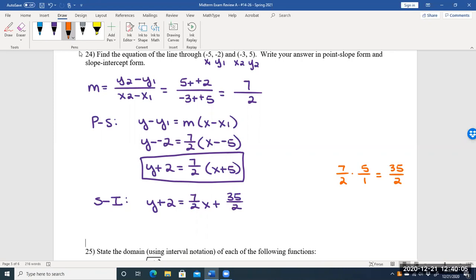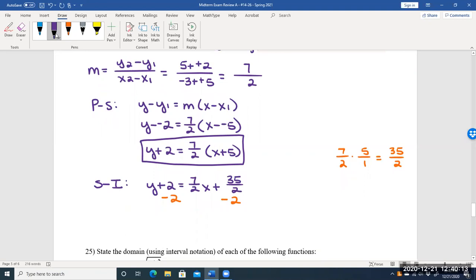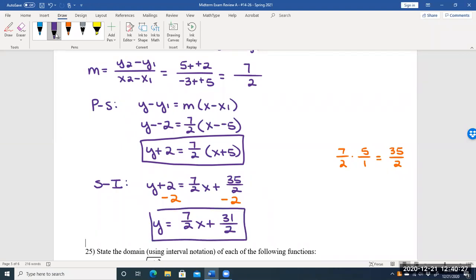And then I'm going to subtract 2 from both sides. And so our slope-intercept form is going to be y equals 7/2 x plus 31 over 2. And again, I'm doing that in my head, but feel free to use your scientific calculator. You don't have to do that in your head.